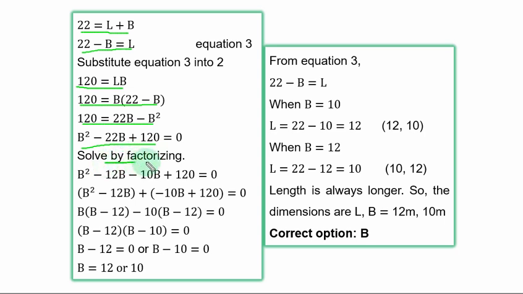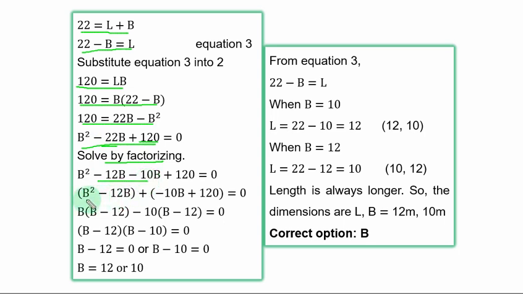Let us solve by factorizing. To factorize, look for two factors of 120 such that their sum is minus 22 and their product is plus 120. The factors must be minus 12 and minus 10. You express them in terms of b and replace the middle term with them.